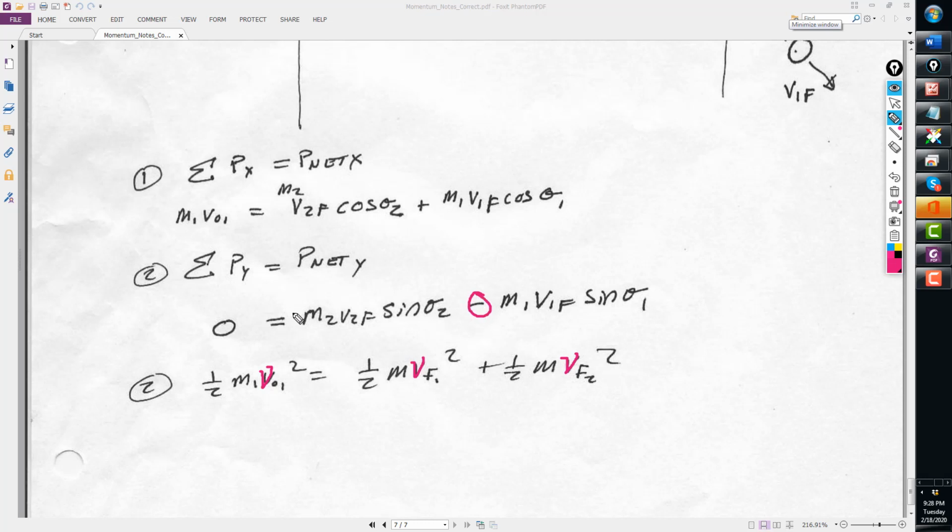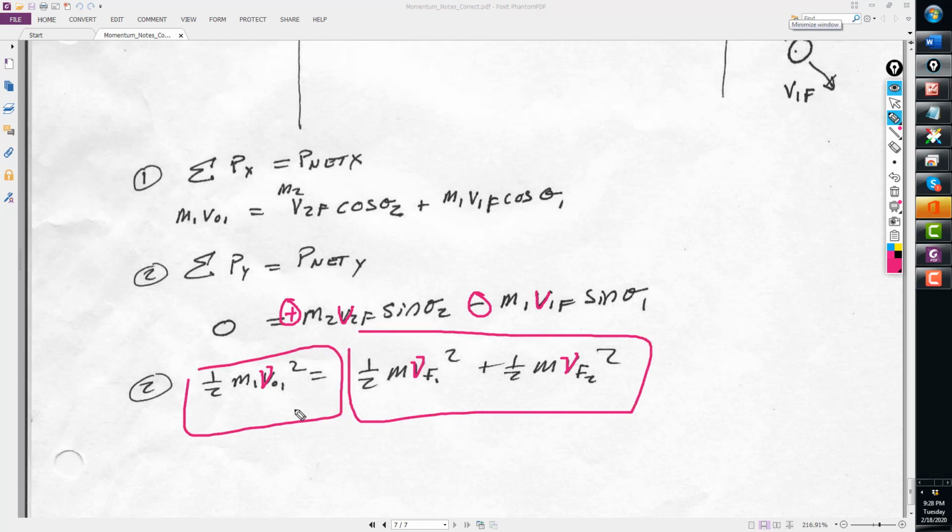Remember, the momentum picks up the positive and negative signs because we're dealing with V, which is velocity. But these are speeds, so there's no positive or negative. It's all positive. Positive energy on this side equals the total energy on this side. So kinetic energy initial equals kinetic energy final in this case. The second thing is we're not dealing with components with energy. It's just the total kinetic energy.